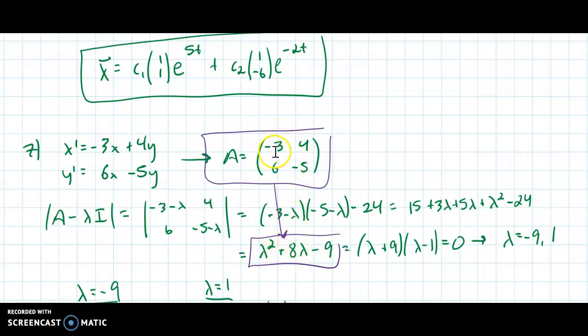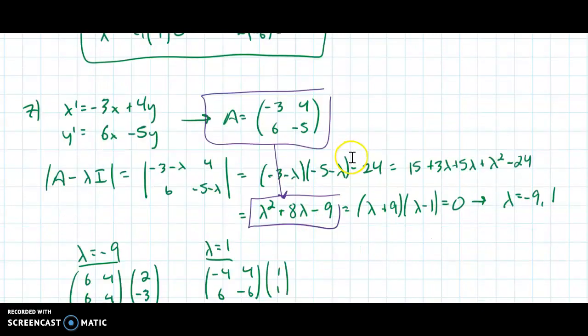Then, if I take the determinant of this matrix, I get positive 15 minus 24. What's that give me? -9. That's our trick. I'm going to show you why that's true. It's called the negative trace and then the determinant. This number is always the negative trace, and this number is always the determinant of the matrix A.